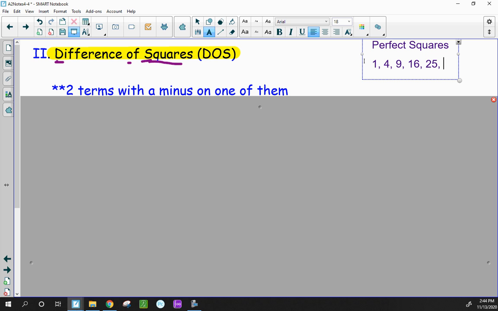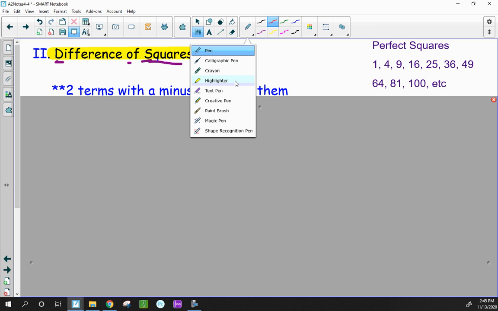And so these types of numbers are the ones that you really want to make sure you're paying attention to. 8 times 8, 9 times 9, 10 times 10, and etc. It keeps going forever. Okay, so look for the perfect squared numbers in your problems.